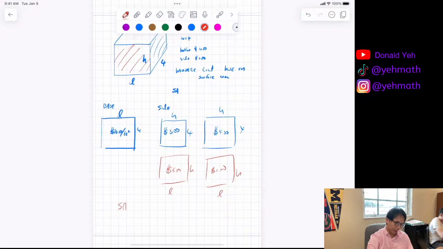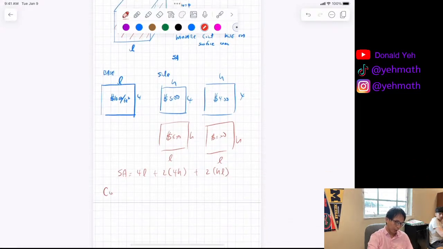So we start with surface area is equal to 4L plus 2 times 4H plus 2 times HL. Now here's a problem. Let's change the cost.